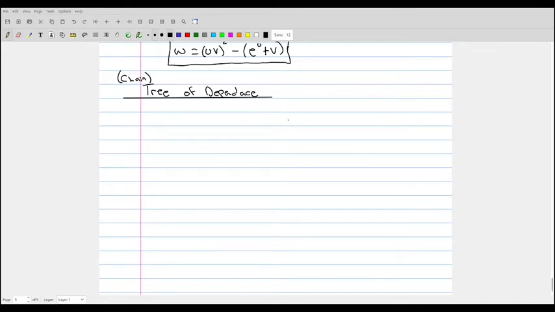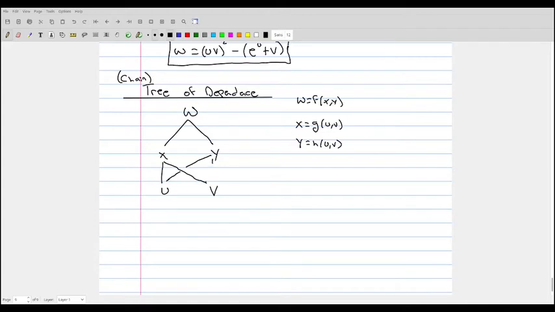So if you have that w is equal to a function of x and y, w is the top of the tree, it then depends on x and on y, and then if x and y themselves are both functions of u and v, so x is some g of uv and y is some h of uv, that means that x depends on u and on v, and y also depends on u and on v.